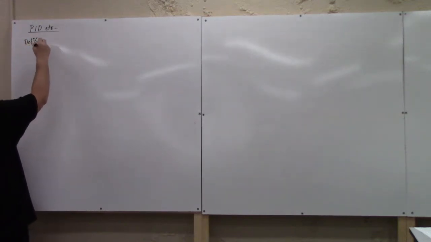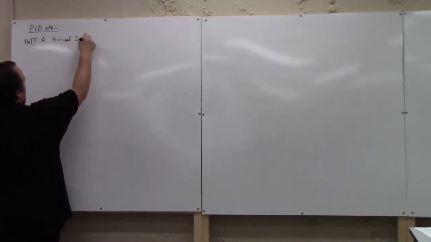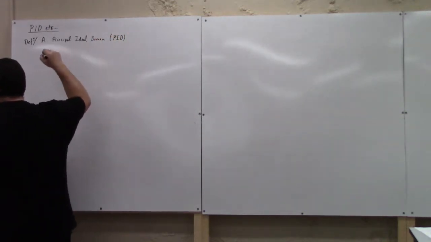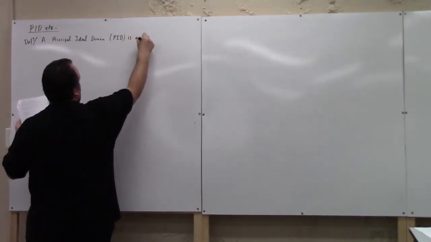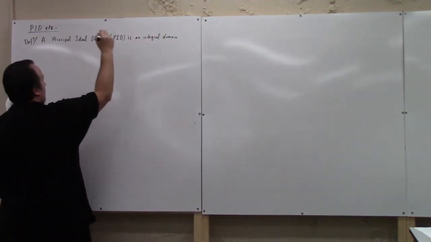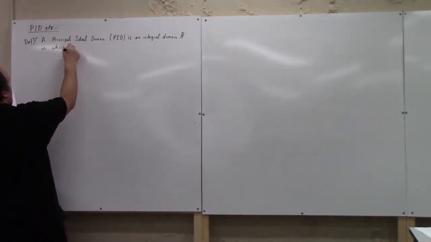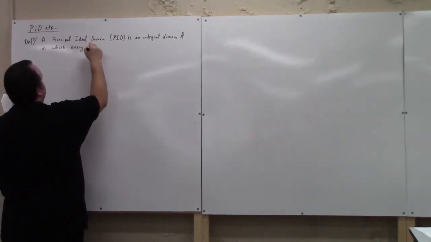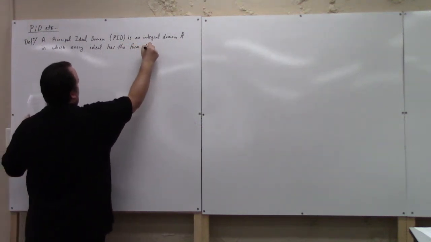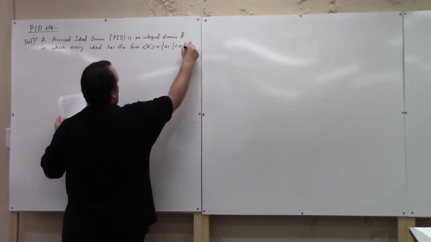Yep. Let's see your definition. A principal ideal domain, aka PID, is an integral domain, I'll call it R, in which every ideal has the form ⟨a⟩ for some a.